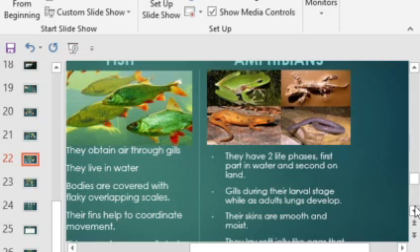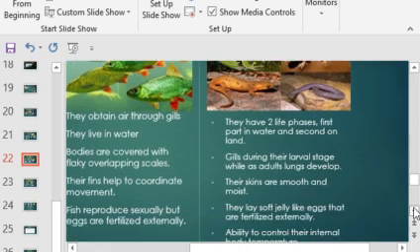Some of them have gills during their larval stage, while as adults lungs take over. They also have smooth and moist skin. Very important to note again, their skins are smooth and moist. And when we talk about the other two classes, we're going to compare.